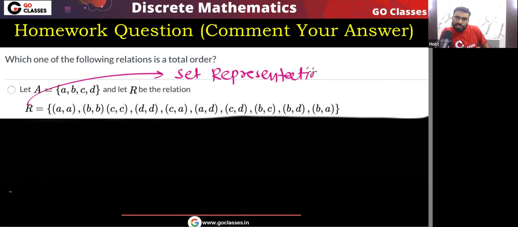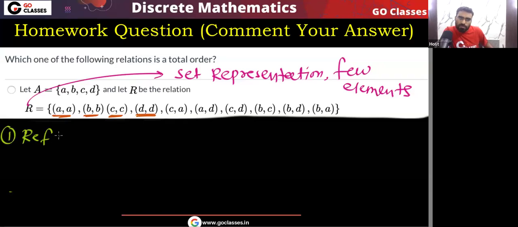of a few elements, here what you can do is, without checking everything, just check reflexive. That is very easy. First you directly check reflexive. Please check reflexive. Yes, reflexive we have checked. Don't become lazy about reflexive.